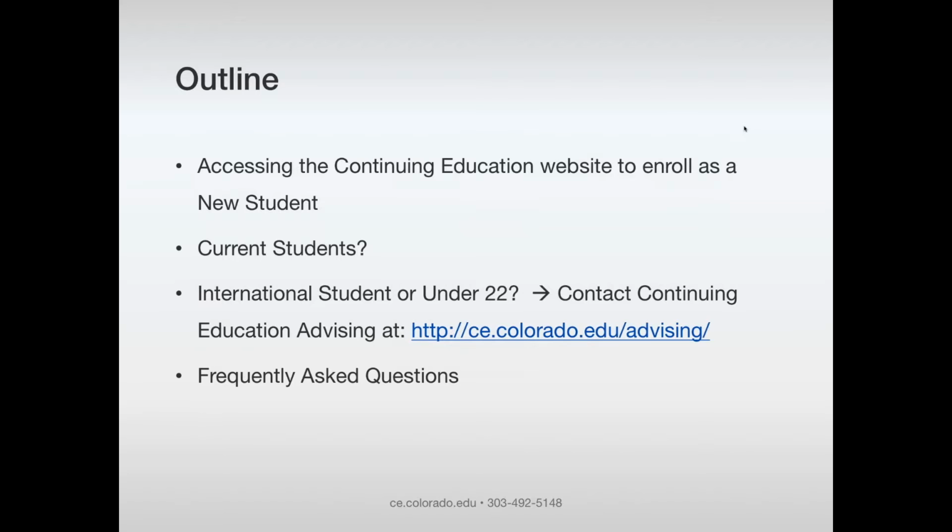However, there are additional supplemental forms or permissions, so we recommend contacting our continuing education advising staff at ce.colorado.edu/advising. And then at the very end of the presentation, we will go over frequently asked questions that we receive in enrollment services.